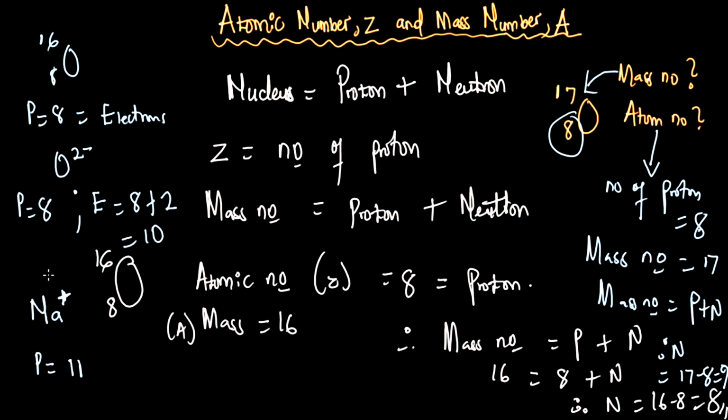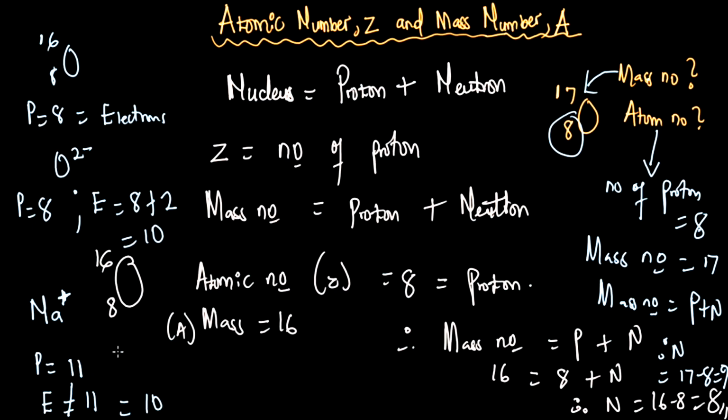If this was an atom, a neutral substance, the number of electrons would have been 11. But because this is charged, the sodium ion has lost an electron, so it therefore becomes 10 electrons. So it's not the same as the protons.